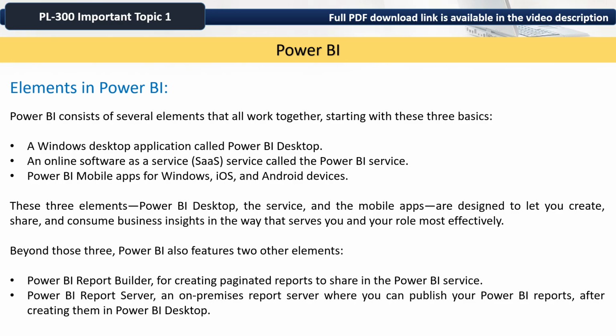A Windows desktop application called Power BI Desktop, an online software as a service called the Power BI Service, Power BI mobile apps for Windows, iOS, and Android devices. These three elements are designed to let you create, share, and consume business insights in a way that serves you and your role most efficiently.